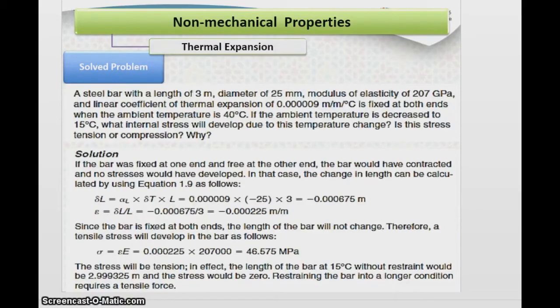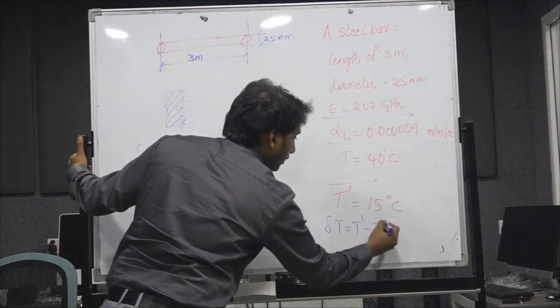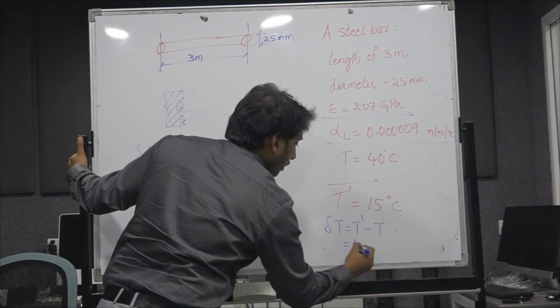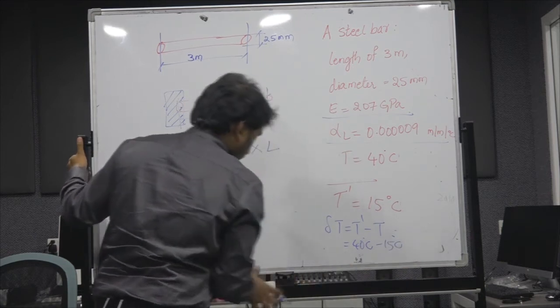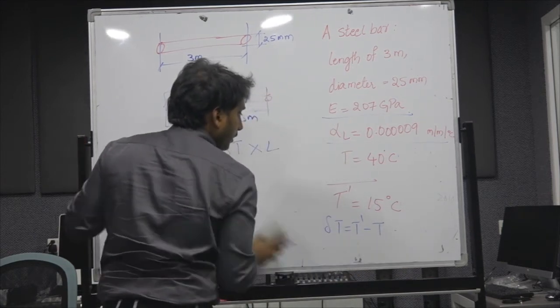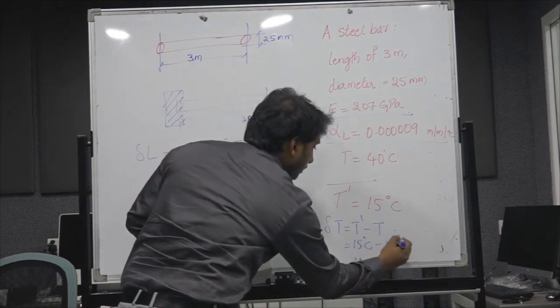So what is delta L here? We have a formula from the previous equation. In the previous slide you can find it. Delta L is equal to alpha L into delta T into L. So before that you find out delta T. Delta T is the change in temperature, that is T dash minus T. T dash is 15 degrees centigrade minus 40 degrees centigrade.